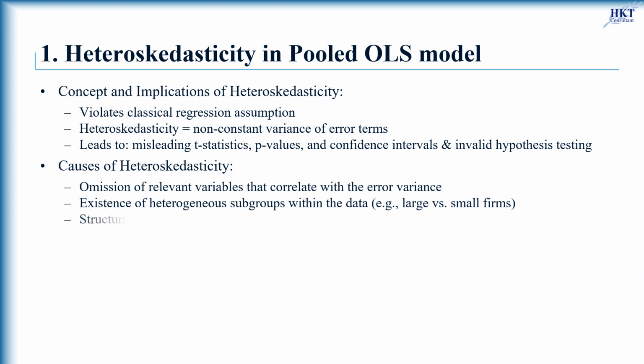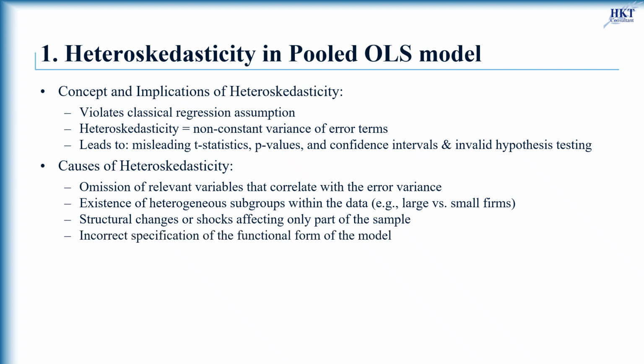Additionally, structural changes or external shocks that affect only certain segments of the sample can introduce instability in the variance structure. Finally, an incorrect specification of the functional form, such as using a linear model when a nonlinear relationship exists, can also give rise to heteroskedasticity.